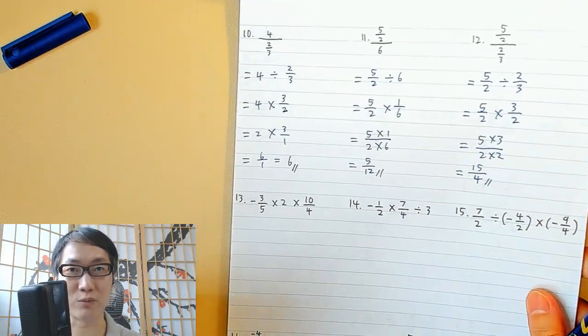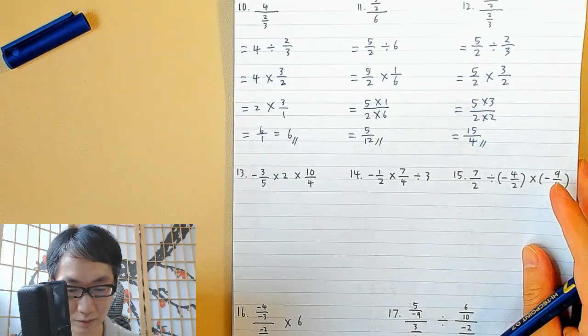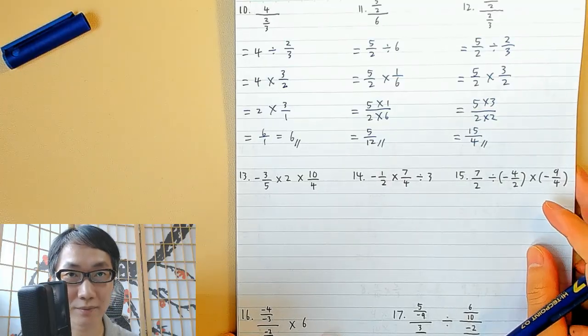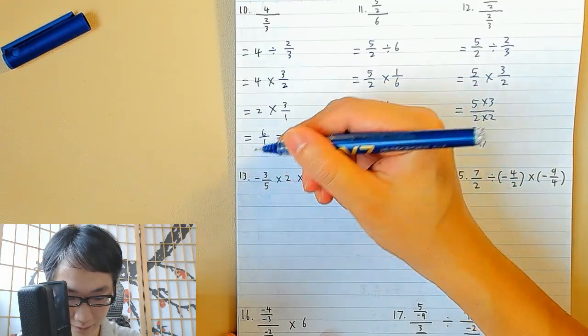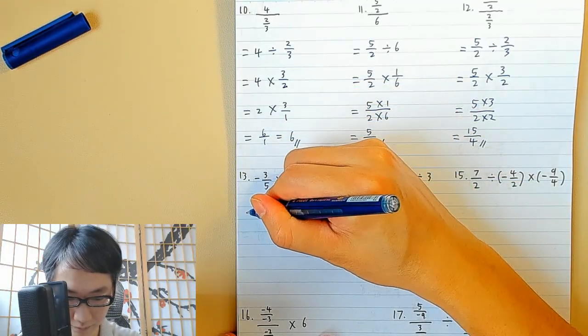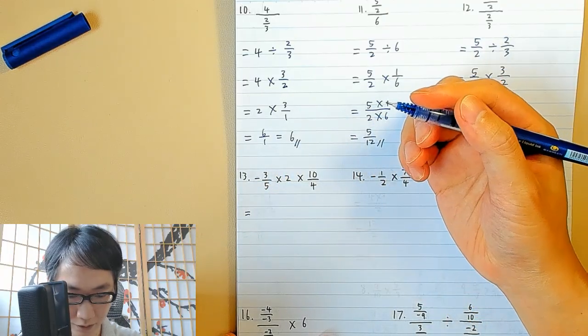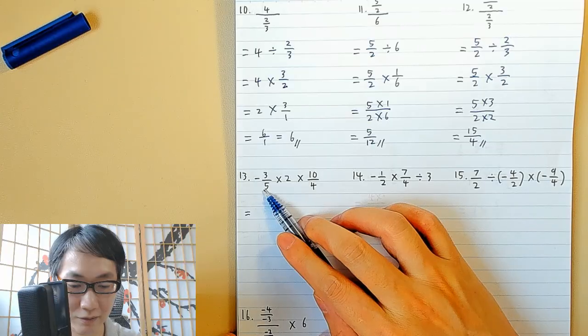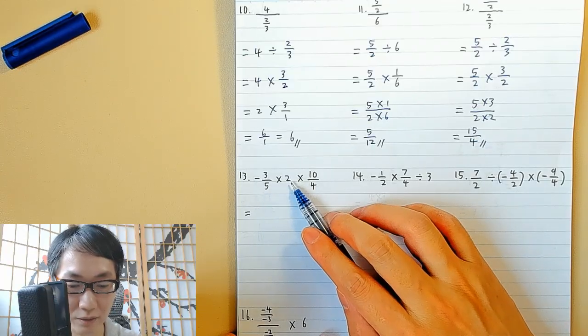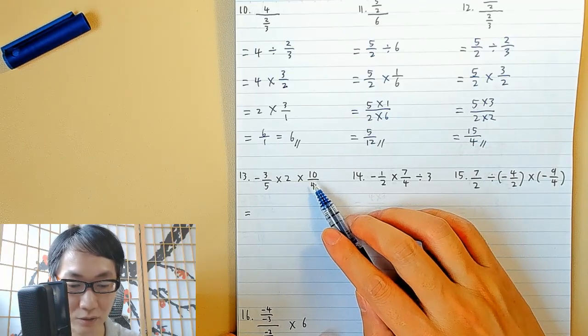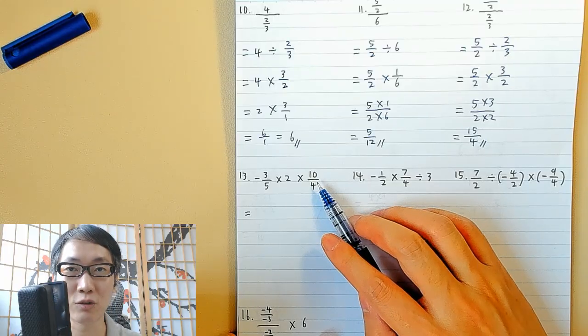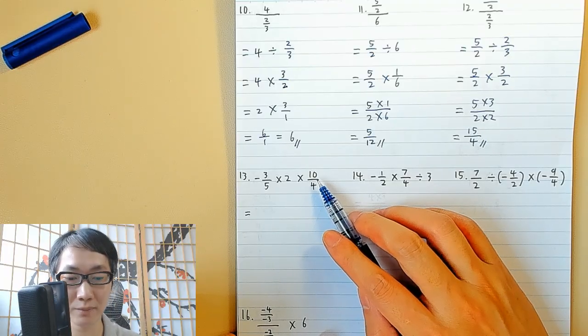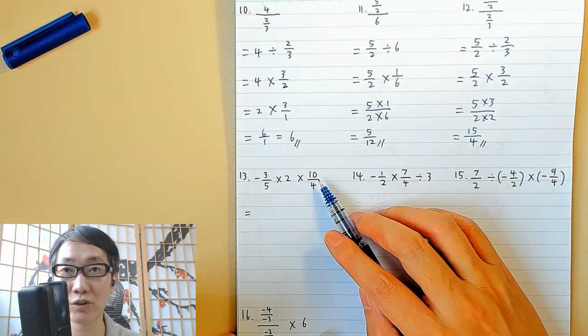Number 13, we have 3 numbers multiplied together. So we turn them all into fractions. So the first number is negative. We have one negative number, and then 2 positive numbers. So we have 2 positive numbers multiplied together. So the order of multiplication doesn't matter.